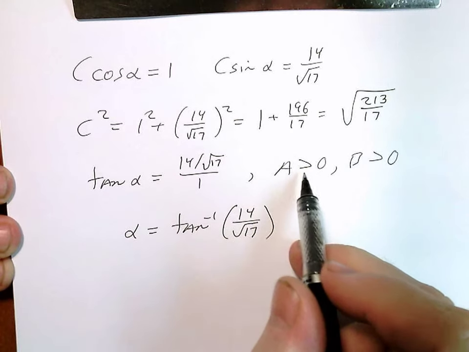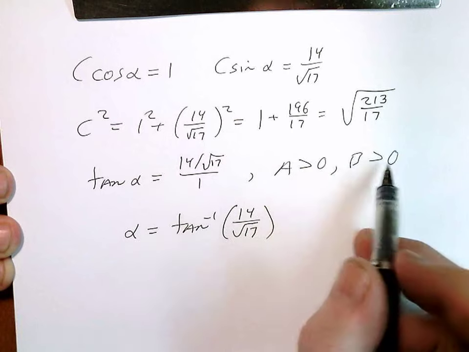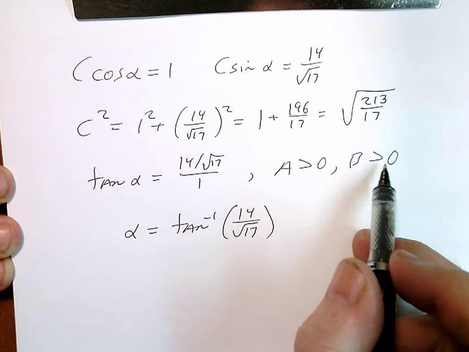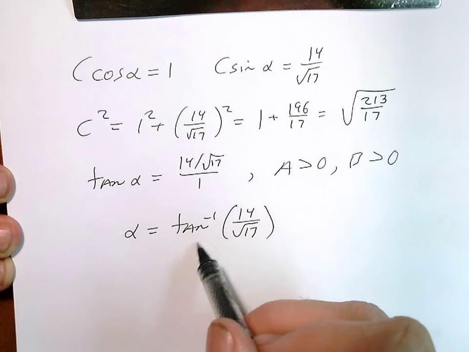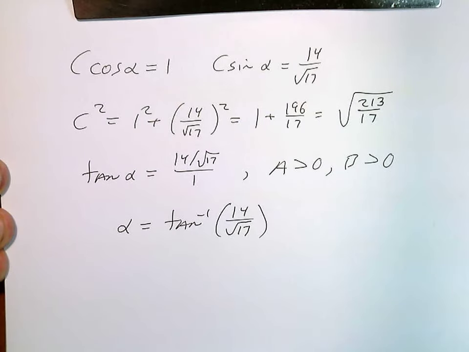My other cases: a negative, b positive; a positive, b negative; a negative, b negative. For those other cases, I can't just use the arctangent. I'm going to get something like the arctangent plus pi, or maybe arctangent plus 2 pi, something like that.